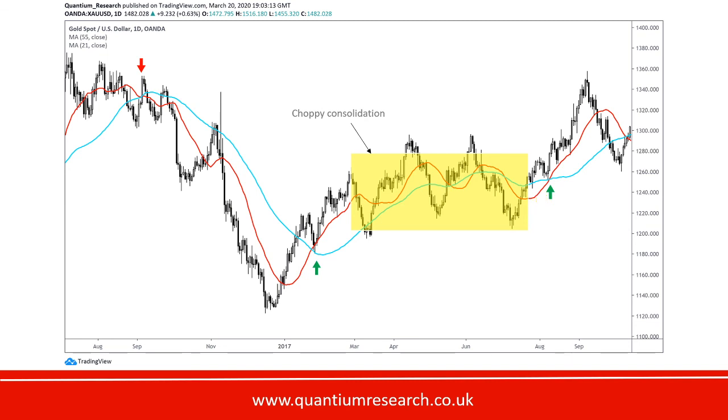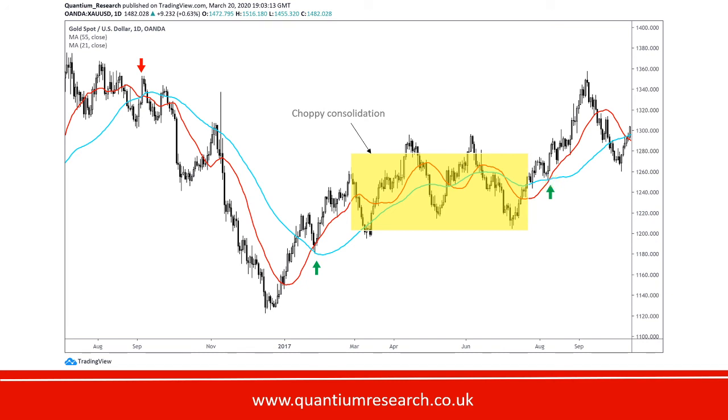Again, when the price tests both moving averages at the point of intersection, whilst forming a bullish crossover, we can see. Let's highlight it one more time. The shorter term moving average crosses over. This is a bullish sign. We can see the market begins to trend, breaks out of this choppy consolidation, and then we would simply go long on these levels, bullish signal. Surprisingly, this works well.